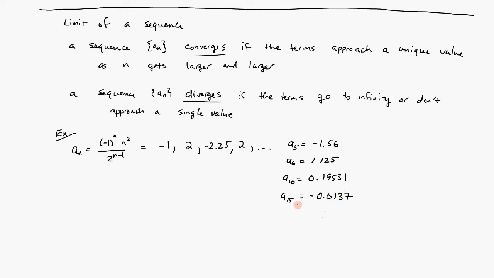If we keep going, as n approaches infinity, a sub n is getting closer and closer to 0. And so this sequence converges to 0. This is an example of a converging sequence.